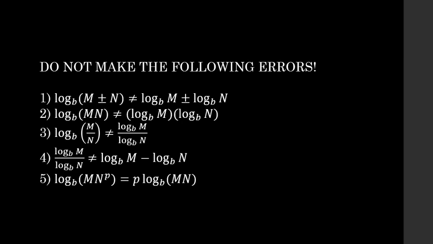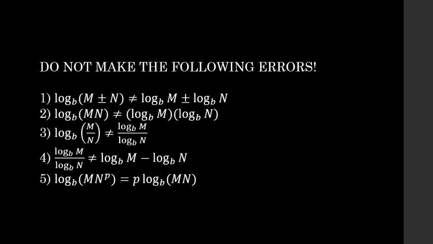Number four, if you're taking the quotient of two logarithms, you cannot rewrite that as the difference of the two logs. It has to be the log of the quotient, not the quotient of the logs. The order of those words does matter.